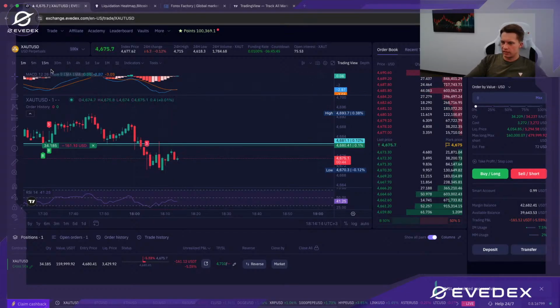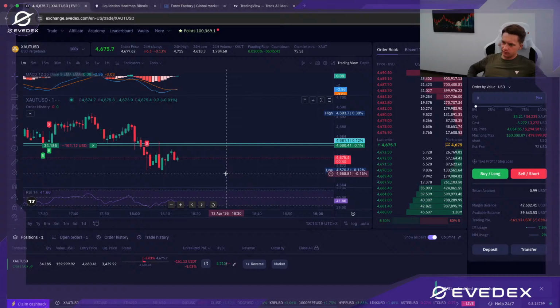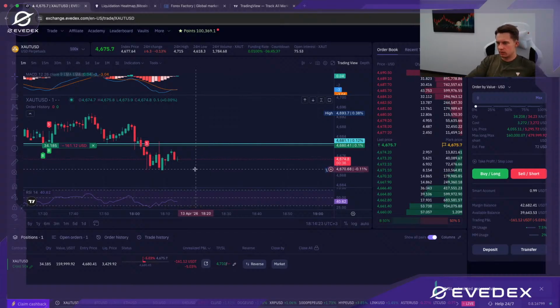We've been consolidating below that support level for quite some time now. It's not looking too positive, I'm not gonna lie. The price is struggling to get back up and above that support level.